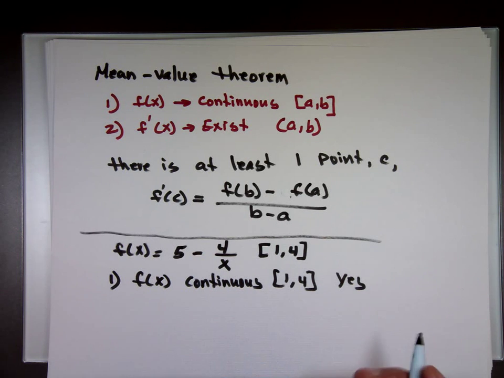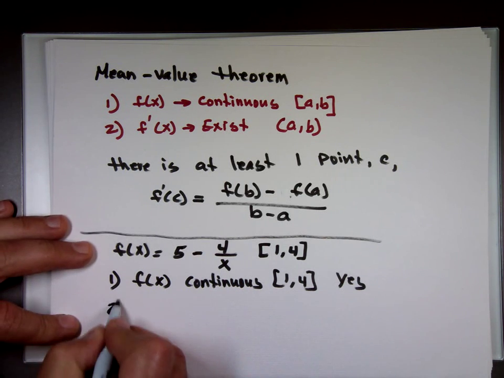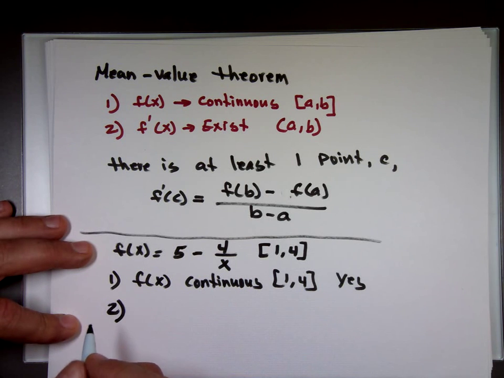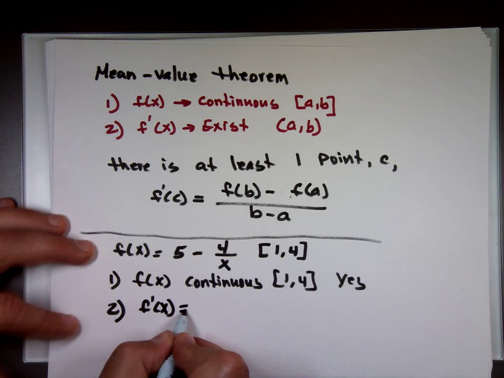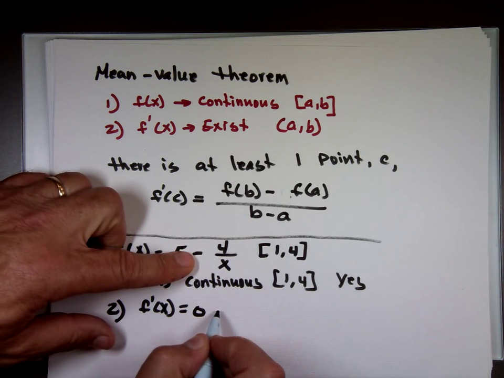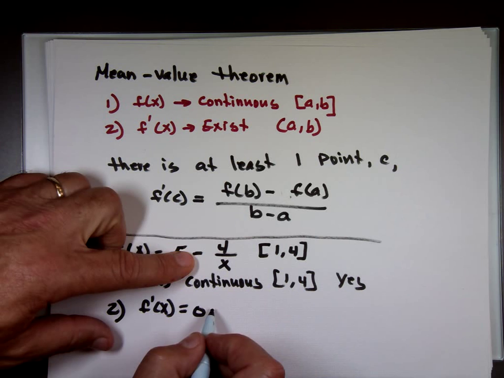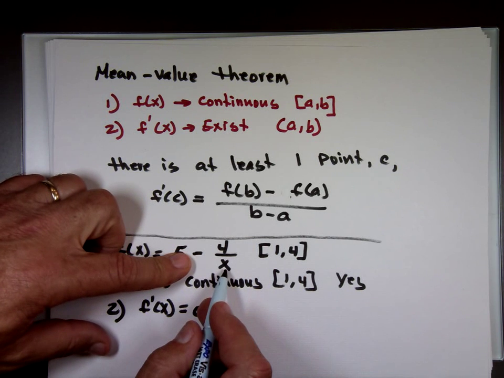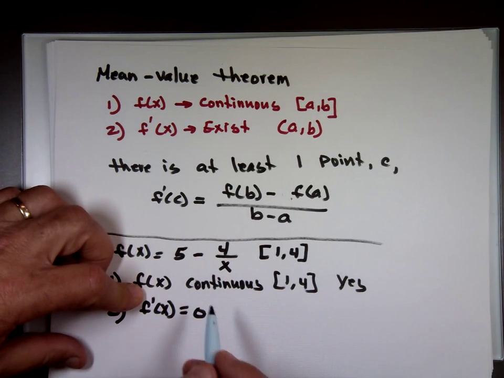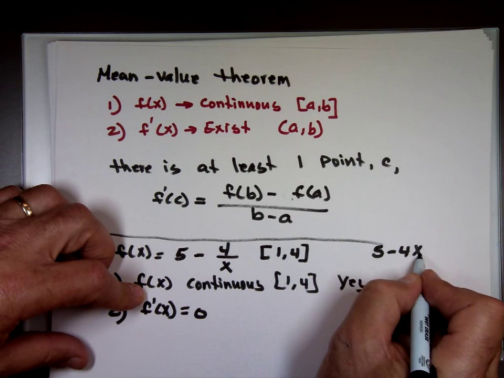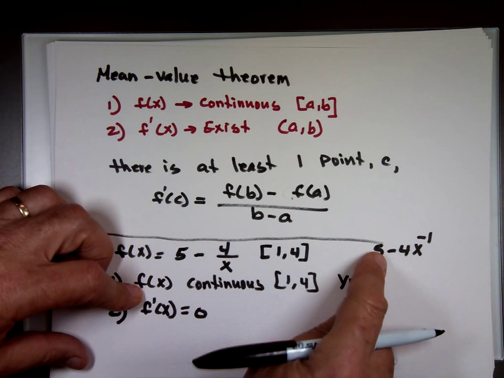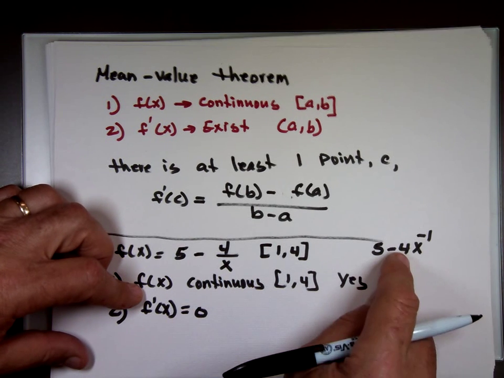Now what about the derivative? What's the derivative of that? Let's take the derivative. What's the derivative of 5? 0. Can you rewrite that problem instead of the quotient rule? You can write that as 5 minus 4x to what power? Negative 1. The derivative of 5 is 0. What's minus 4 times a minus 1?